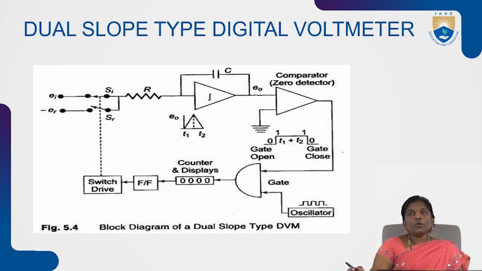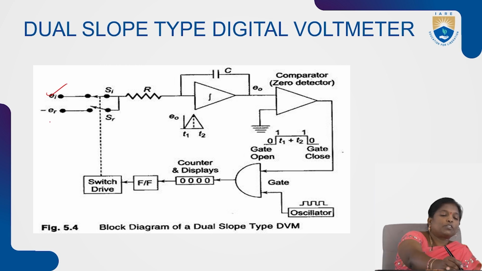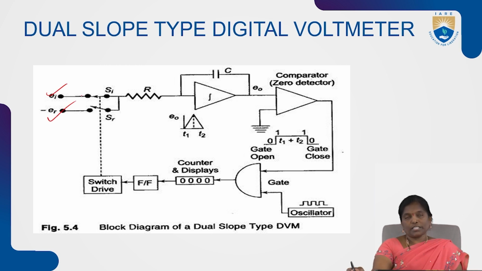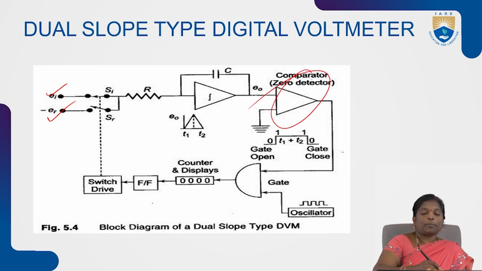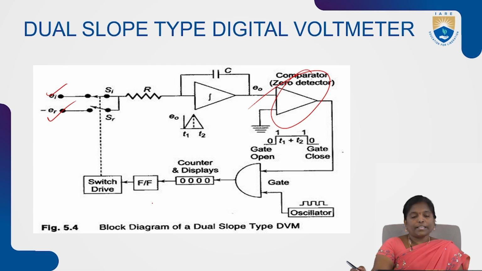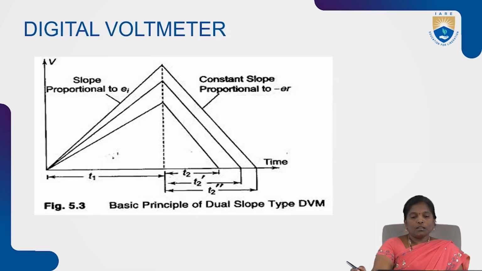In the dual slope integrating type of digital voltmeter, we are using two types of inputs, that is, we have both positive input voltage and negative input voltage. That constant input, positive or negative, is integrated with the help of the integrator, we get the constant slope, that is compared with the zero detector comparator, and finally we can find out the time.